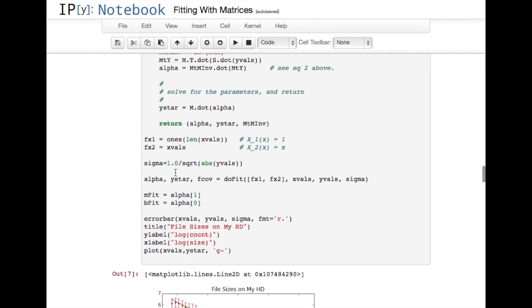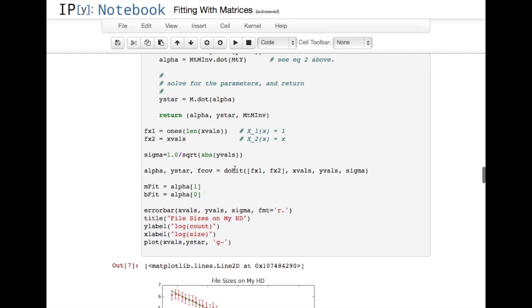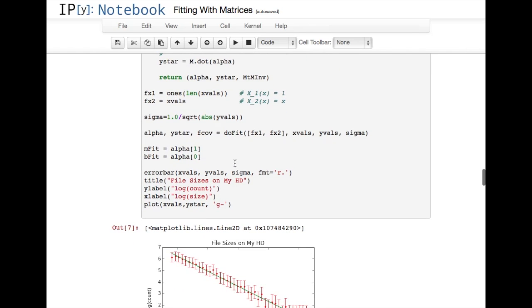So the sigma goes like 1 over the square root of the count, because we're taking the log of the count. So we call the do-fit function, we pass in the two functions, we pass in the X data, we pass in the Y data, we pass in sigma, and out comes the parameters, the model, and this thing called the covariance matrix.